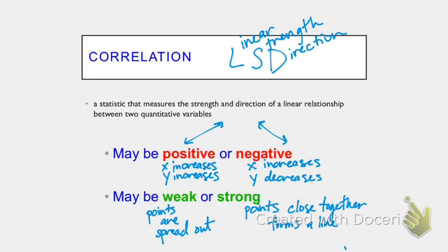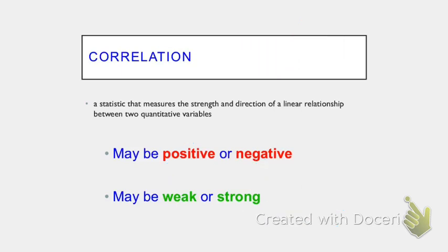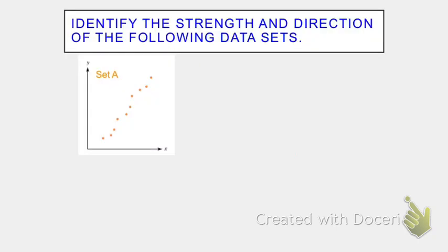Can it be weak and linear? Yep. So we're going to identify strength and direction. For this first one, A, what do we think? Is it positive or negative? Positive.